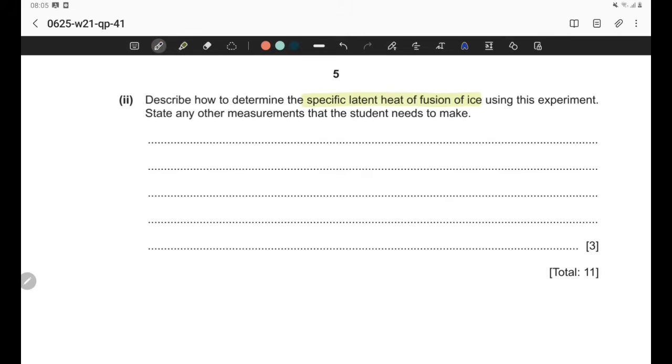Initially we have a container which consists of water at 17 degrees Celsius, which is already given in the question at the initial part.